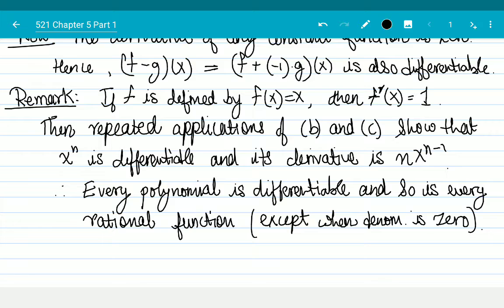Now let us look at the chain rule of differentiation. It is quite an important tool. Theorem 5.5.